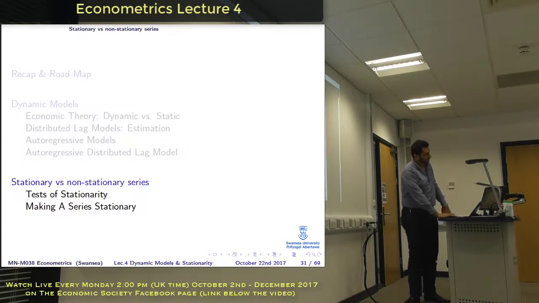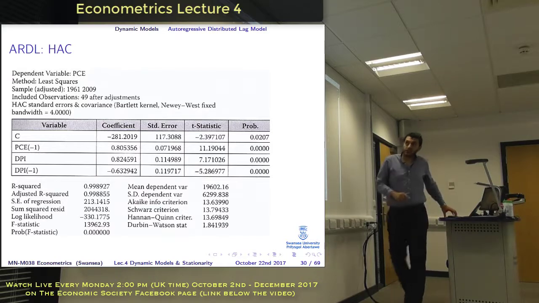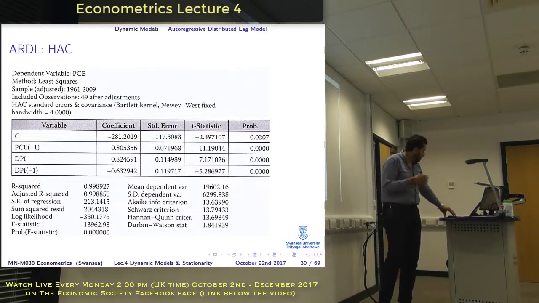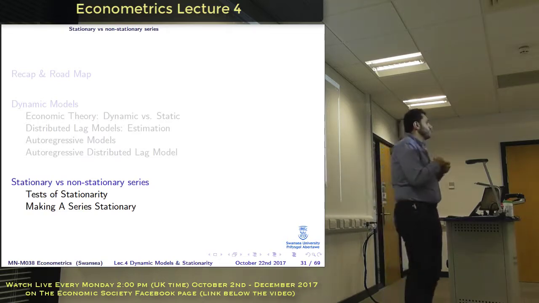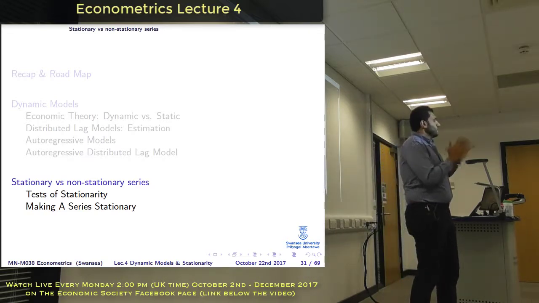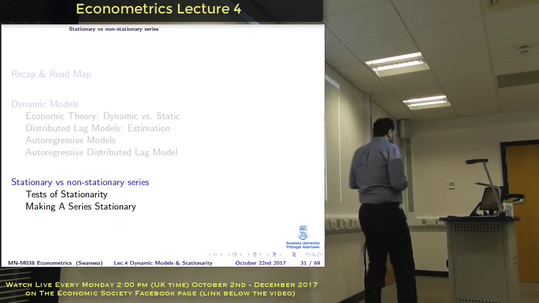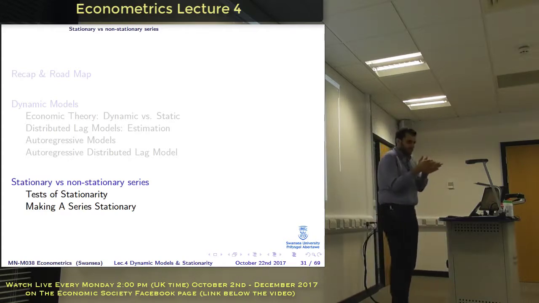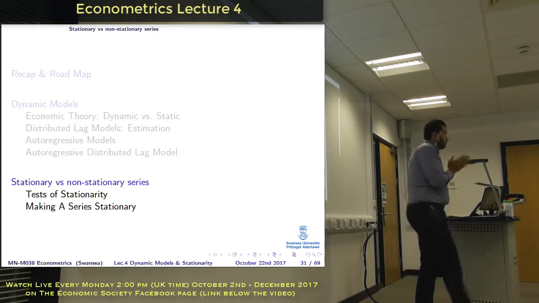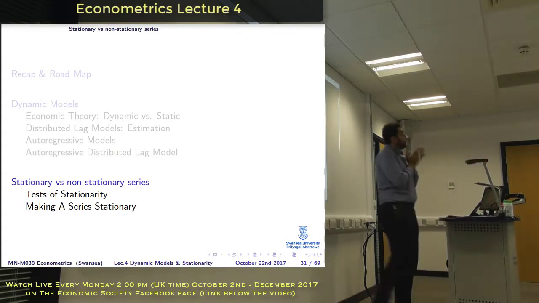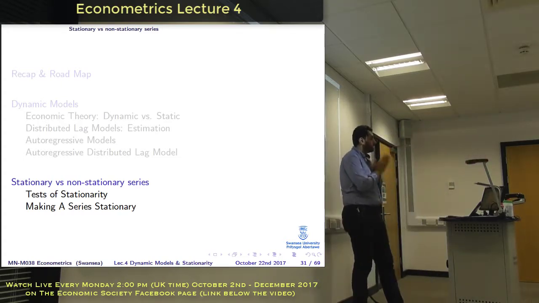Okay, so this is the first thing we wanted to discuss today. Before we move to the next topic we want to cover today, let me just sum up what we did. We started from a very important point, that it is important to consider the dynamic effect in any model, because if you don't, that might cause some specification error as well.